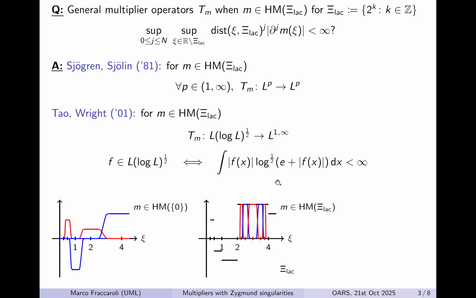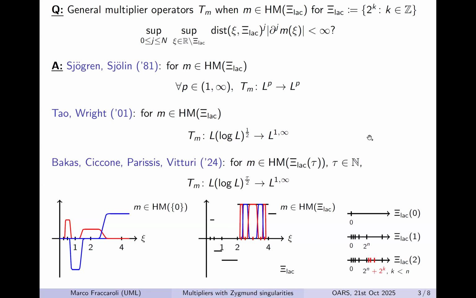But what I would like to stress is that this quantity on the right is not the norm. The way to define the norm of this Orlicz space is more involved and less open to algebraic manipulation, let's say, than the classical LP norms.